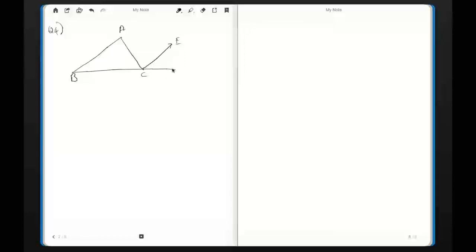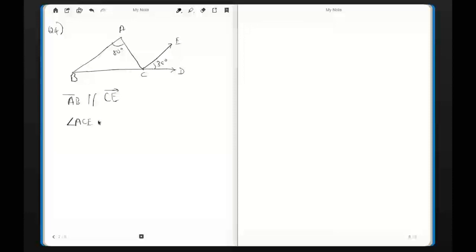And this is D, right? And what is given is line AB is parallel to CE, right? So it is parallel to CE, and there are some angles given. So angle A, this is 80 degree, right? And what is this? This is 35 degree. That's given.